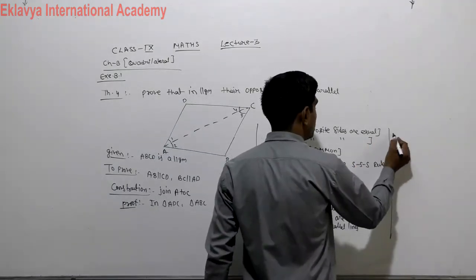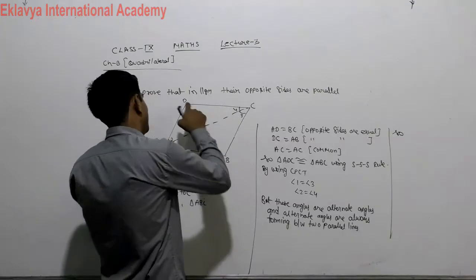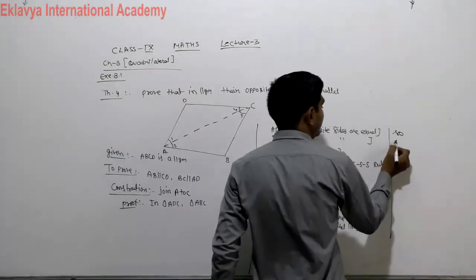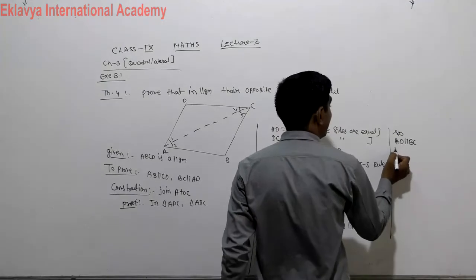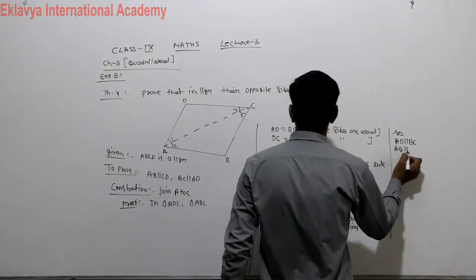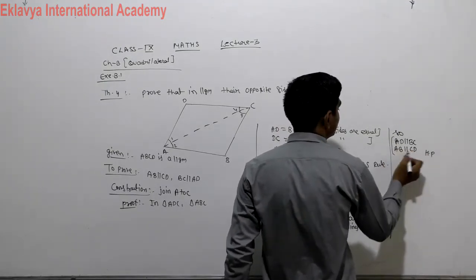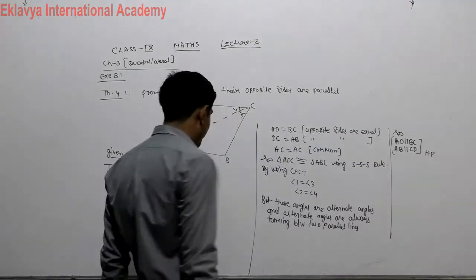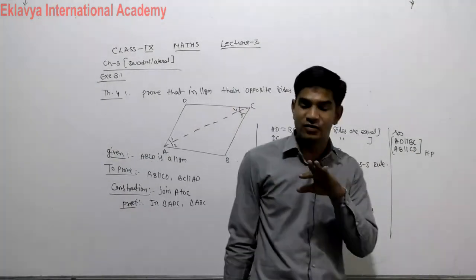So first, angle 1 is equal to 3, meaning AD is parallel to BC, and second, AB is parallel to CD. Hence proved.